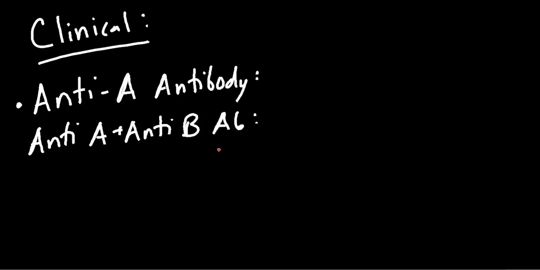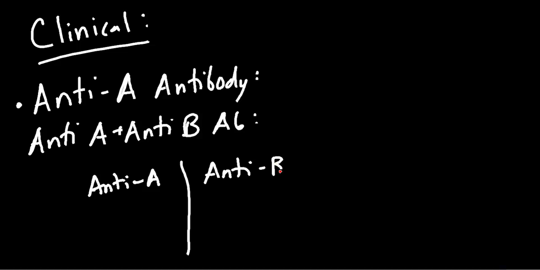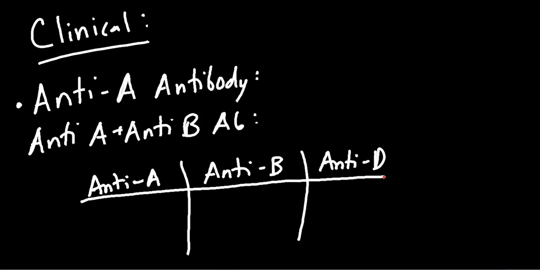So there are multiple lab tests that we can do: anti-A, anti-B, anti-D, and then we can also figure out a couple other types, but we're just going to focus on these three for right now.